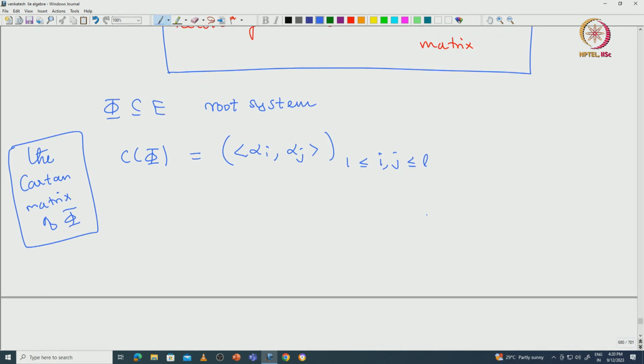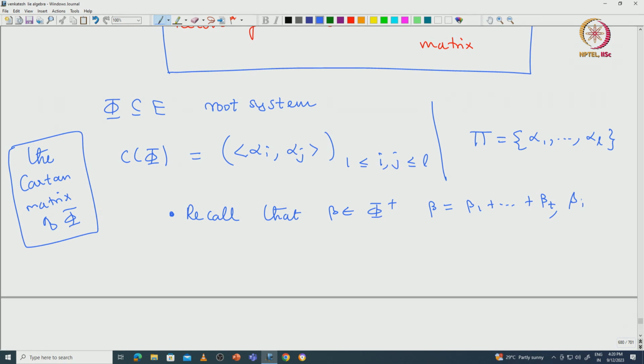First of all, recall some facts that we have already proved. Pi is already given, because once the Cartan matrix is given, then pi is also given, which we label as alpha 1 etcetera alpha L. What we have proved is that given beta from phi plus, we can write beta as beta 1 plus etcetera plus beta t, where each beta i comes from pi, such that each partial sum beta 1 plus etcetera plus beta i is always a positive root.